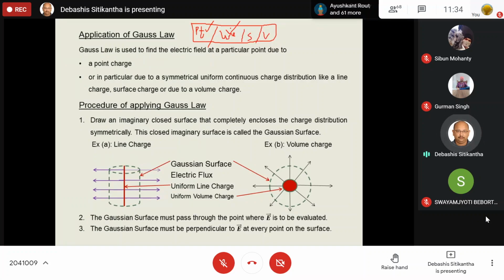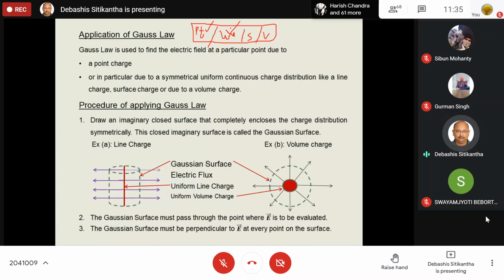Okay. Now, obviously, we have been talking about the application of Gauss law. We will have to pinpoint, or obviously these things are not given in the book, but still I felt that we must pinpoint the various steps that we need to apply in order to find the electric field by application of Gauss law.